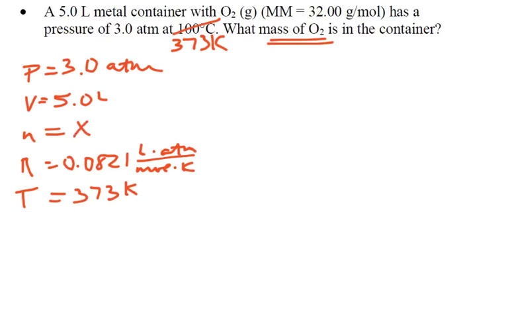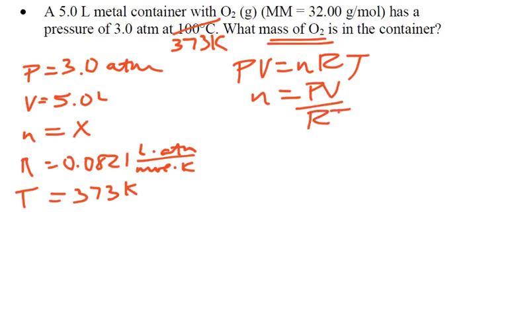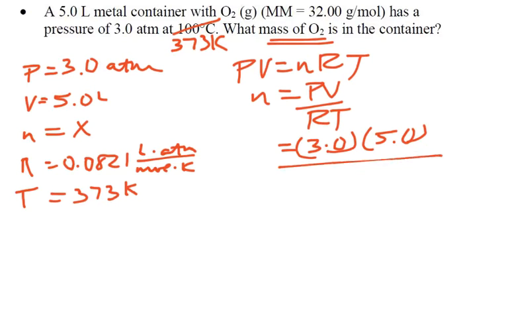The only thing I don't know is moles. Even though it doesn't say I need to find moles, that is the one thing I can find. So going back to PV equals nRT, n equals PV over RT. I substitute in 3 times 5, that's 15, over R 0.0821 times 373.